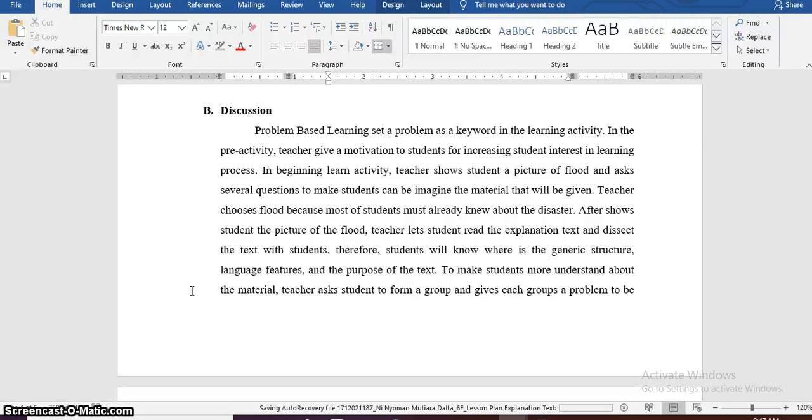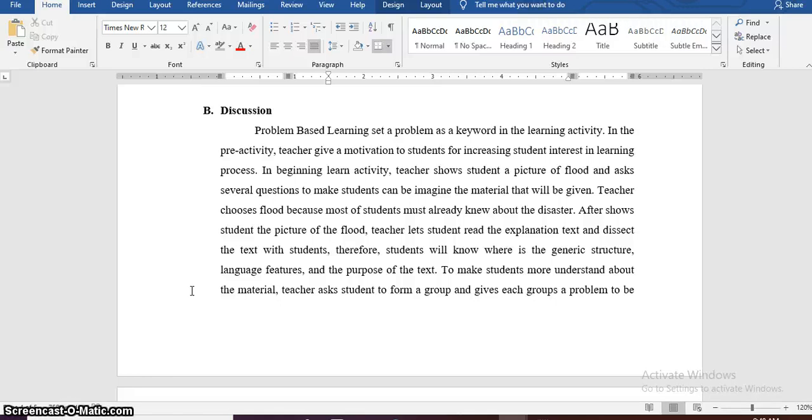The teacher chose flood because most students already know about that disaster. After showing the picture of the flood, the teacher lets students read the explanation text and analyzes the text with them. Therefore, students will know the generic structure, language features, and purpose of the text.